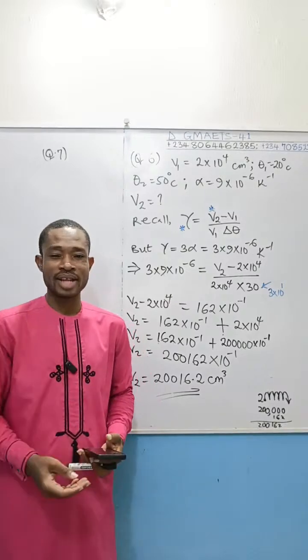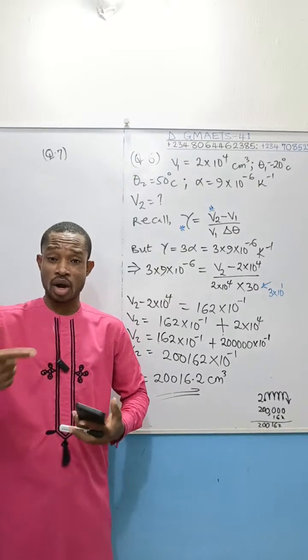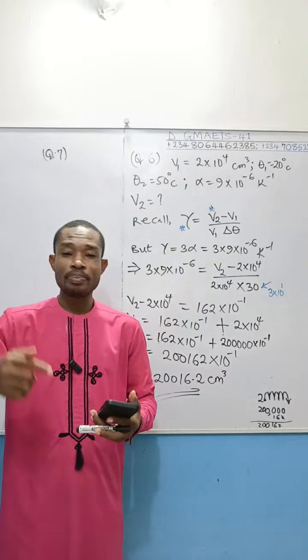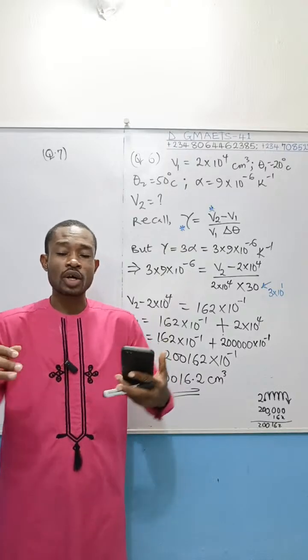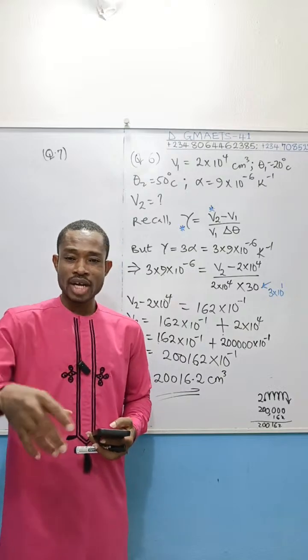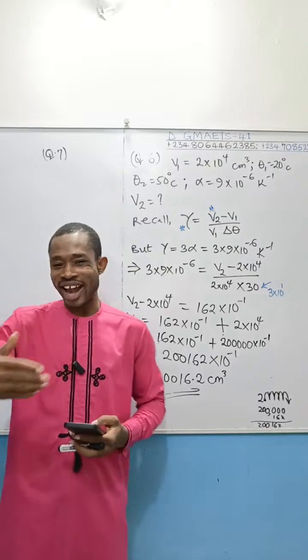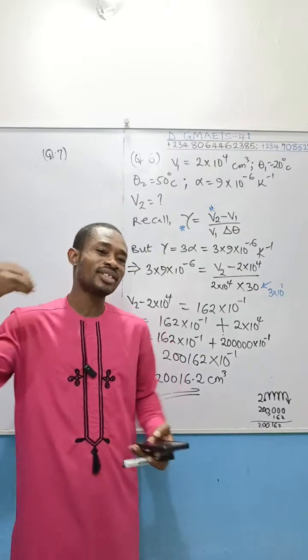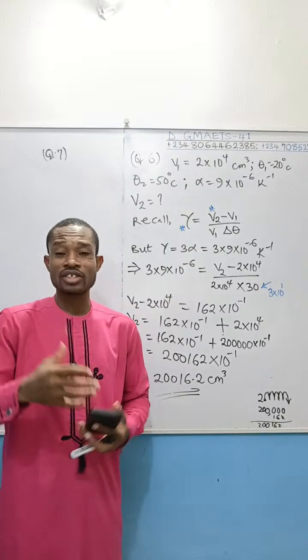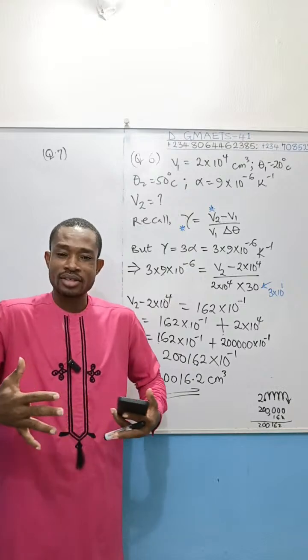I've just talked about that because our wristwatch makes use of bimetallic strip. The balancing of that wheel due to expansion and contraction makes it possible for time to be maintained. Otherwise, there might be a kind of lagging of time, or maybe time being fast. During the hot season, that thing expands.